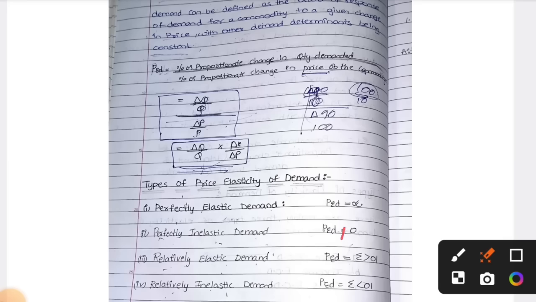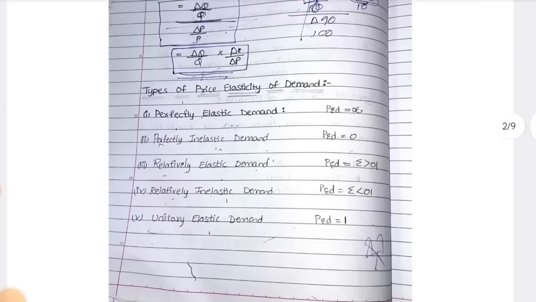There are 5 types of price elasticity of demand. The first one is perfectly elastic, the second is perfectly inelastic, the third is relatively elastic, the fourth is relatively inelastic, and the fifth is unitary elasticity of demand. This is also important. Unitary elasticity means equal to 1. Relatively inelastic means less than 1.